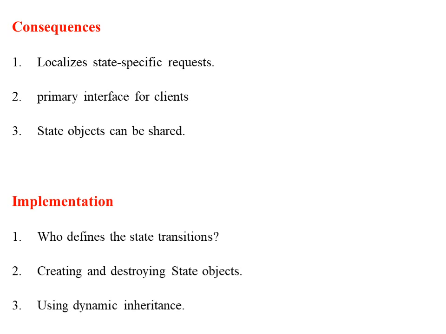Defining the state objects as a state transition, creating the state objects as well as destroying the state object. All these are the implementation techniques which we use to solve the design problem in the framework. So this is the implementation technique.